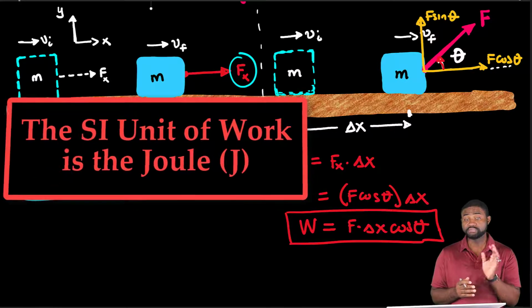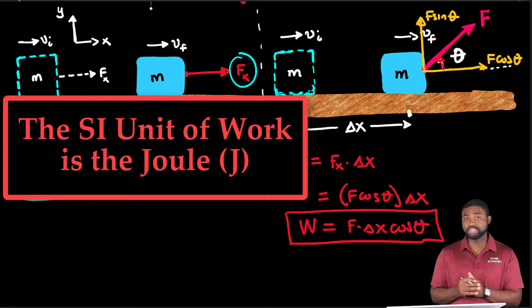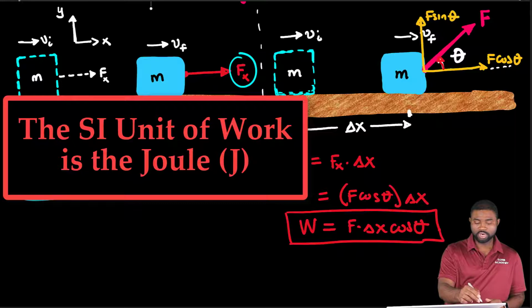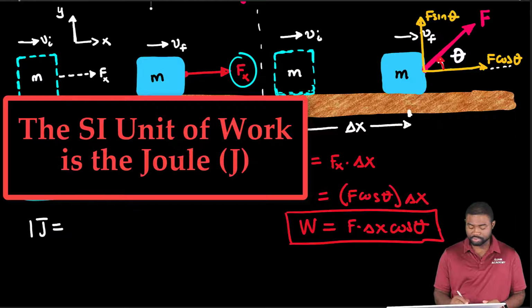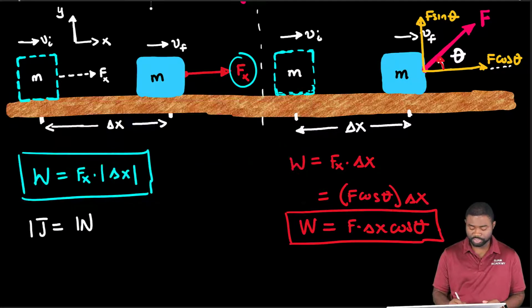And if energy is measured in joules, it means that work is also measured in joules. That means that 1 joule is equal to 1 Newton, which is the unit for force, multiplied by meter, which is the unit for displacement.